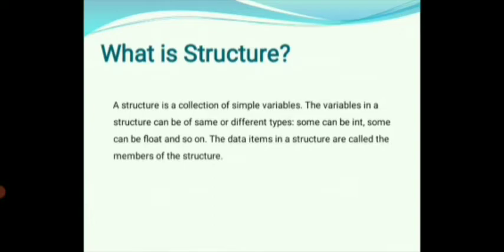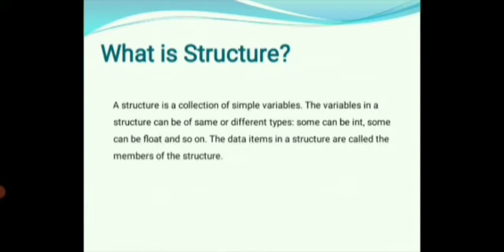C programming. First of all, you already know from the previous semester what an array is. An array is a collection of elements in contiguous memory locations. The array is an ordered collection of homogeneous elements of the same data type under the same name.